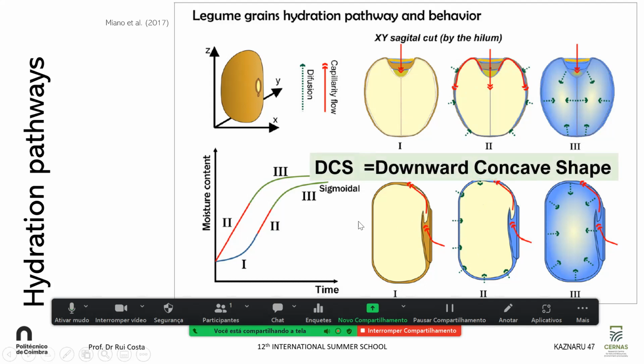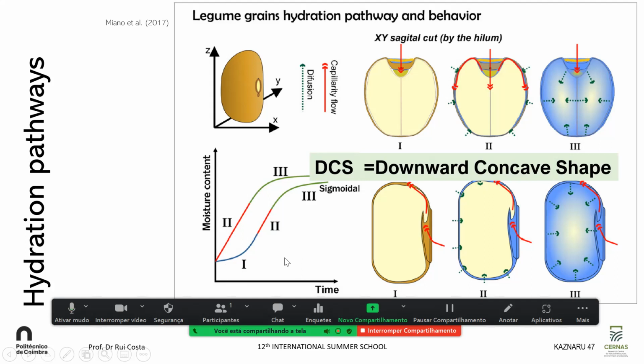Now, what kind of curves of uptake of moisture along the time happen? Of course, there are 2 different curves. One curve is called the downward concave shape. It's this one. It's like this.